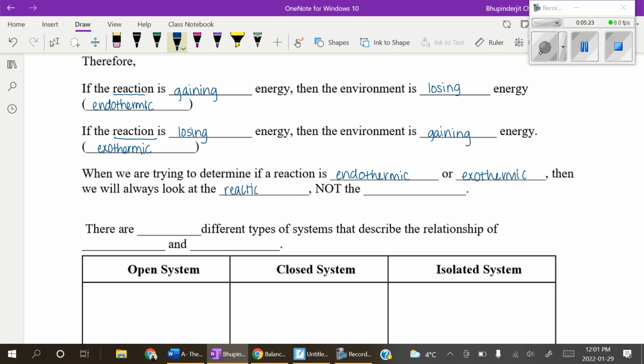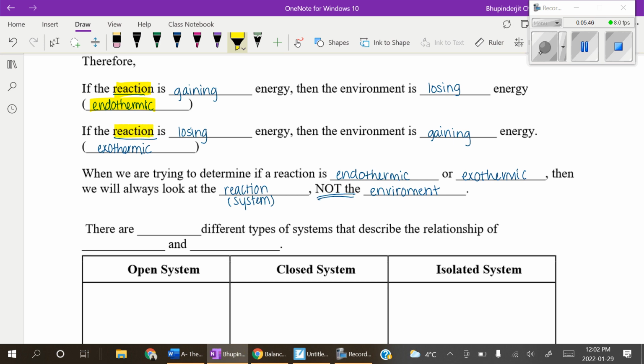Again, when I'm using the word reaction, that is the same as me calling it the system. We will never look at it from the perspective of the environment. So if you're looking at a word problem and it's saying the environment is losing energy, then we bring it back to the reaction is gaining energy, therefore it is endothermic.